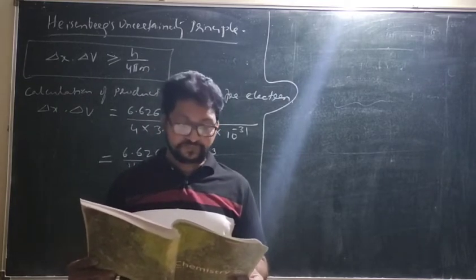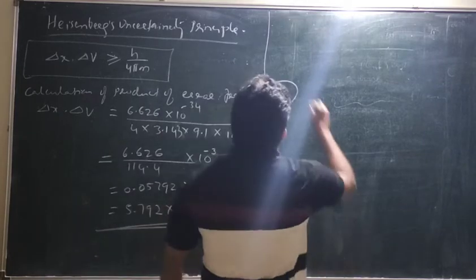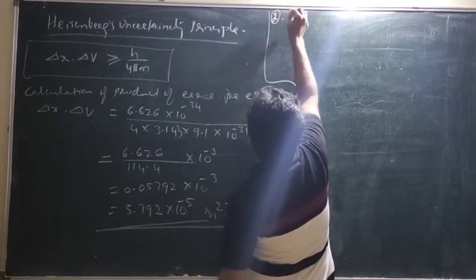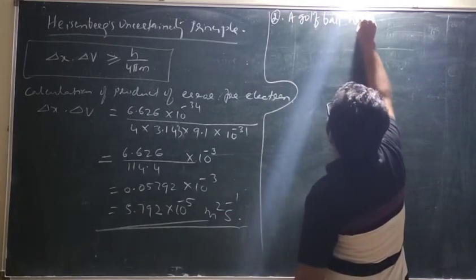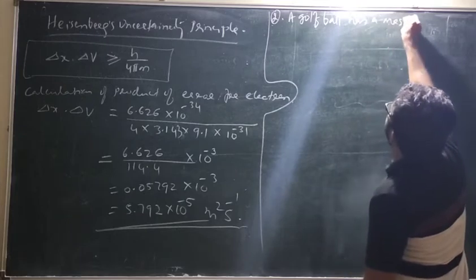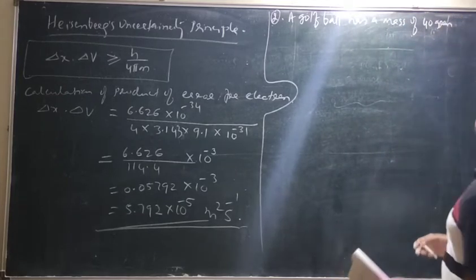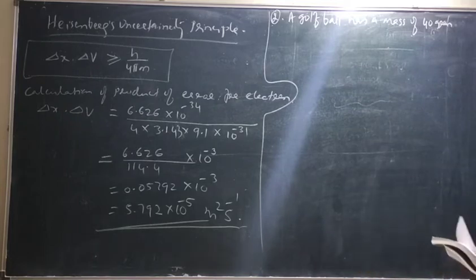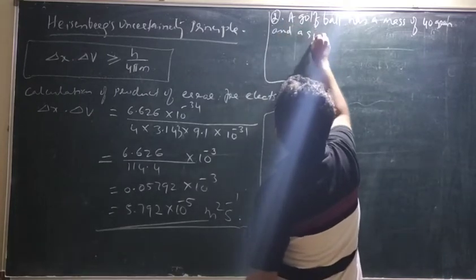Look at this. A golf ball has a mass of 40 gram and a speed of 45 meter per second.